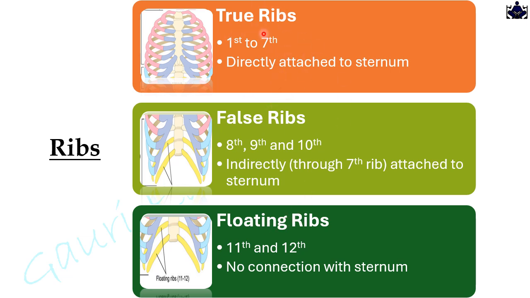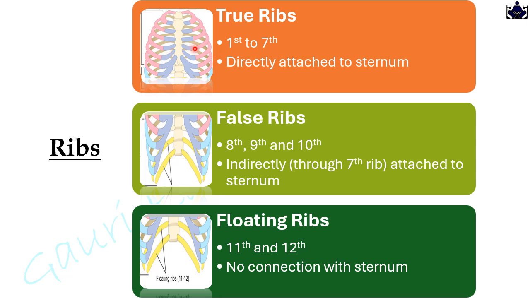The first one, true ribs, from the first pair to the seventh pair. These are known as true ribs because they are directly attached to the sternum. In this diagram, you can see the first seven pairs are directly attached to the sternum. Of course, when I say directly attached, it means through the cartilage, but they are connected to the sternum.